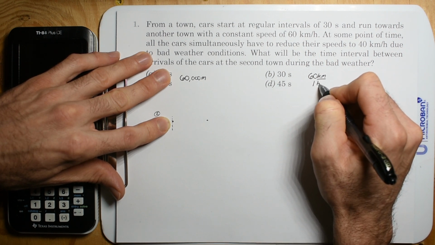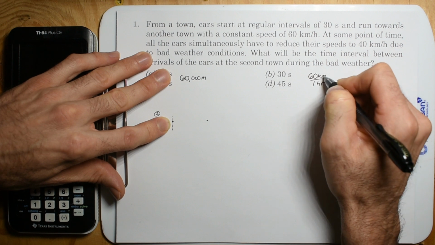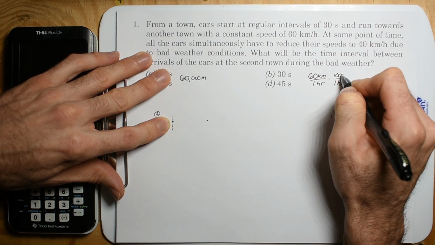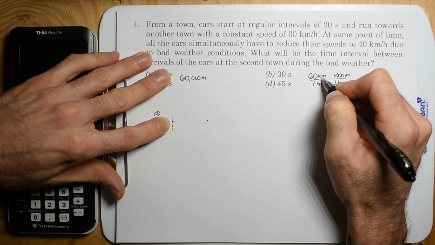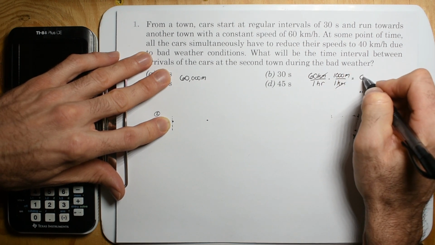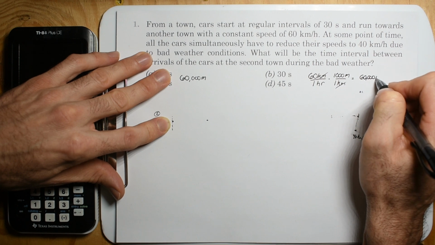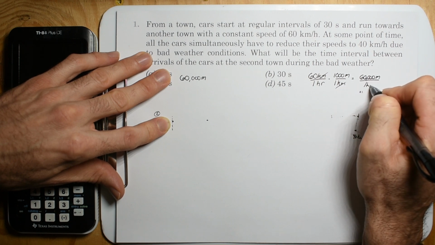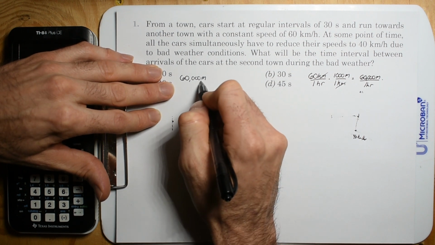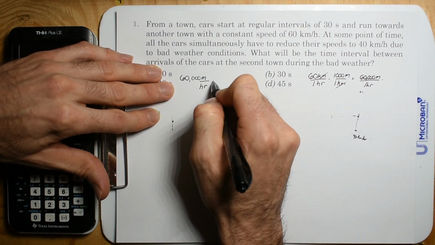Sometimes it's good just to put 1 hour down here. And then 1 kilometer is 1,000 meters, and we can do factor label one step at a time. This gives us 60,000 meters per 1 hour.